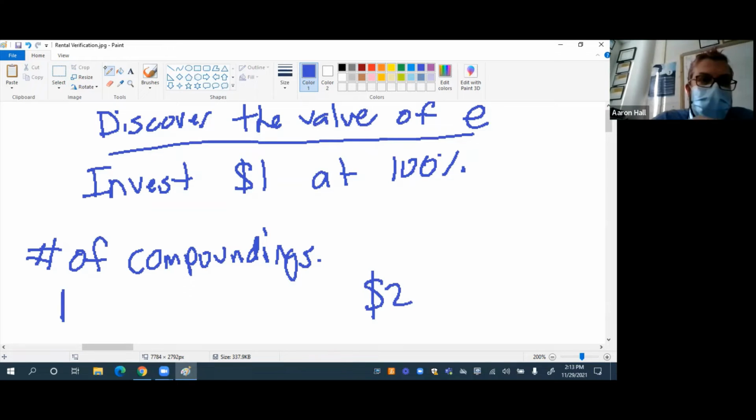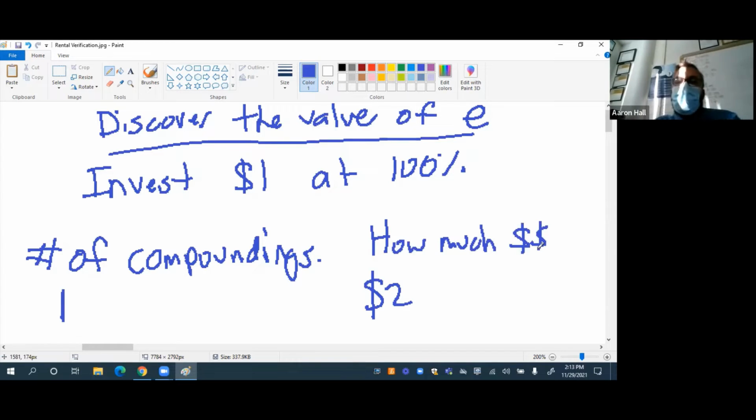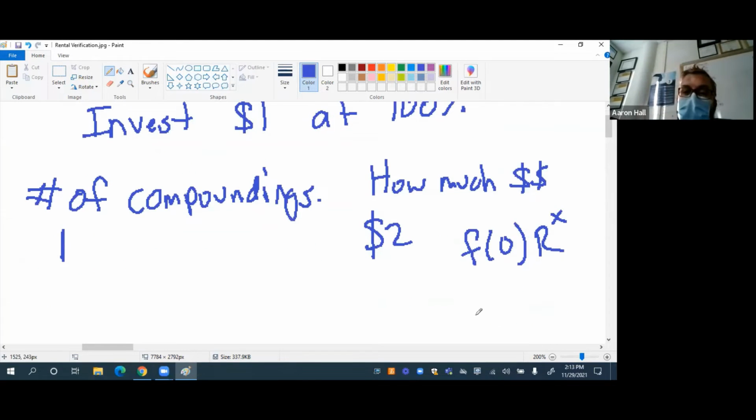We could use a simple equation of our 0th term times our ratio to the power of x. In this case, our 0th term is 1.